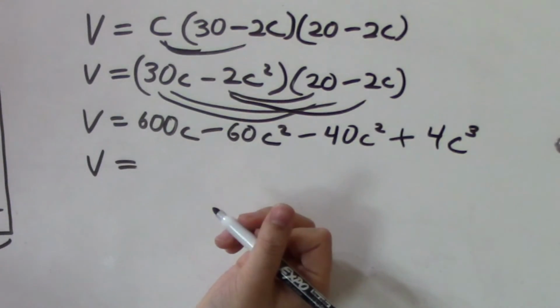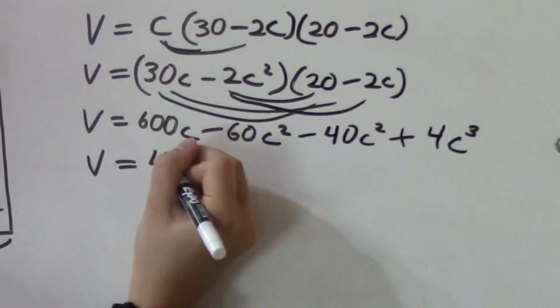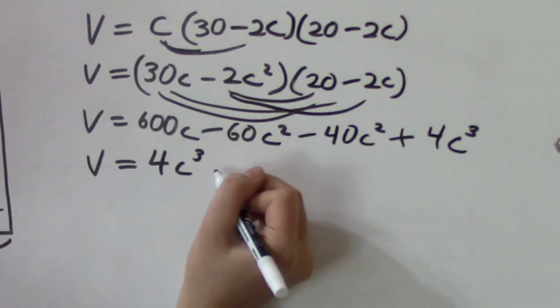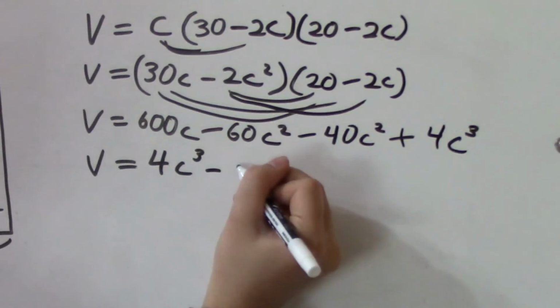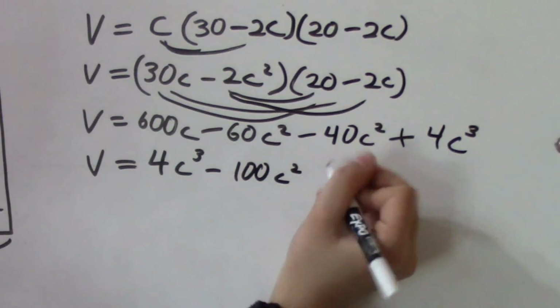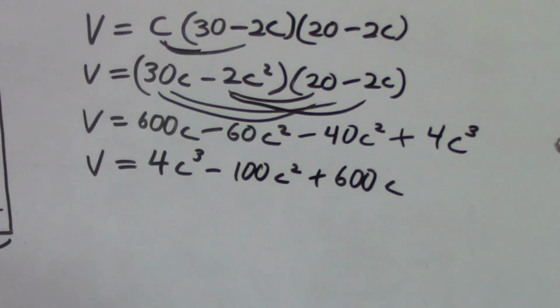Now if we simplify the equation, it will be V equals 4C cubed minus 100C squared plus 600C.